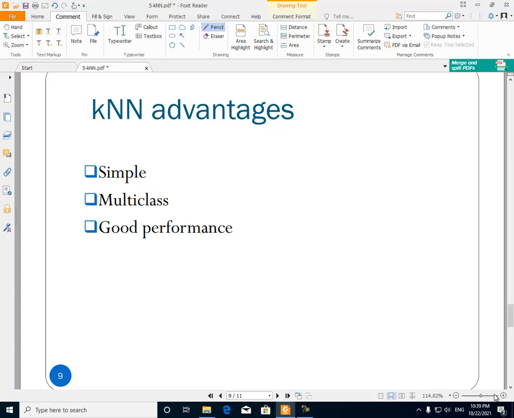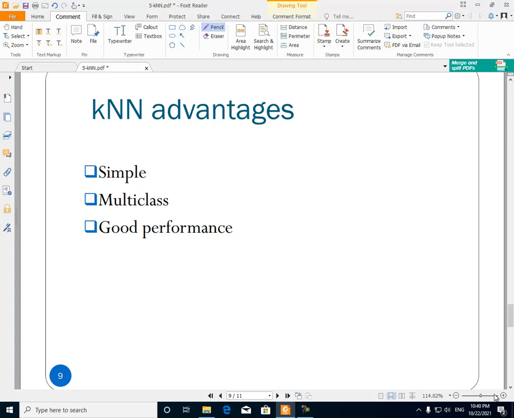Some of the classifiers are limited to classifying only data with two classes. But multi-class means that the classifier could classify data with more than two classes. That's an important feature about the classifier.